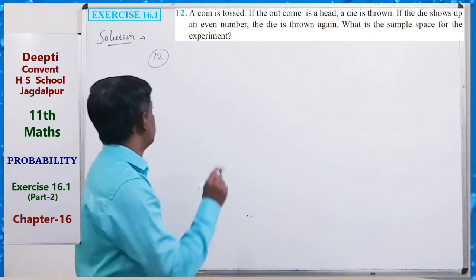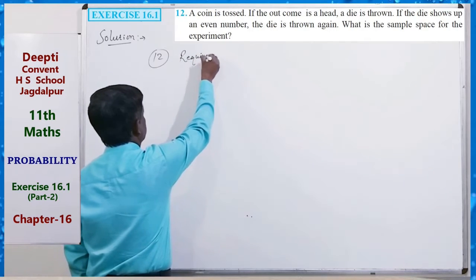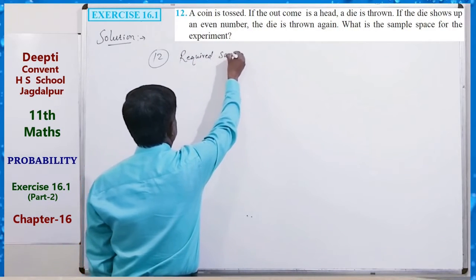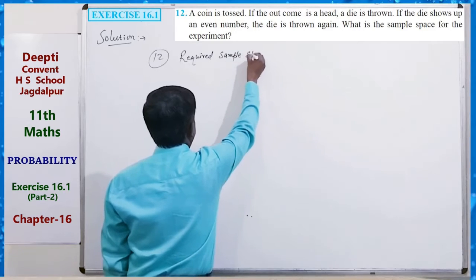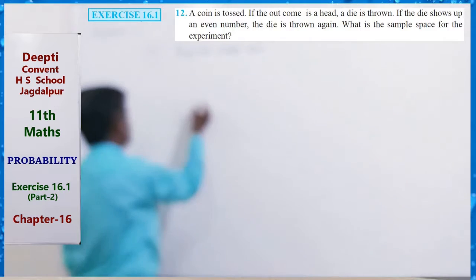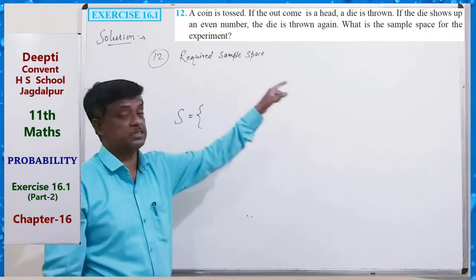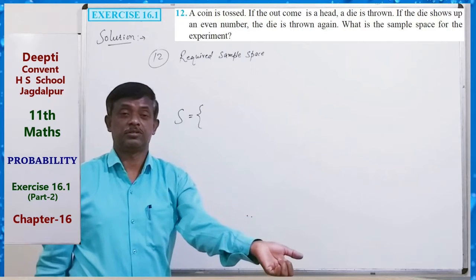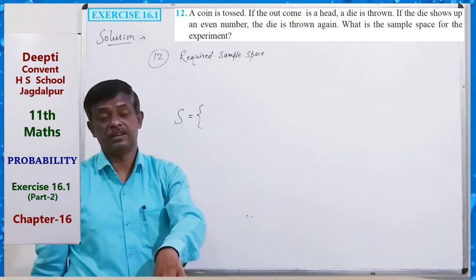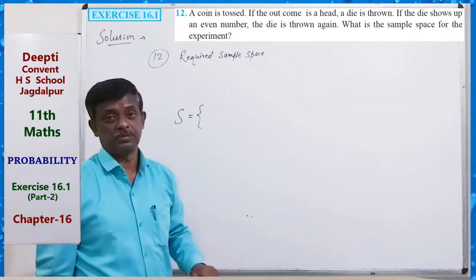So the required sample space. I am writing only the sample space. Just describe first about tossing the coin and throwing the die, and then you can write the sample space.